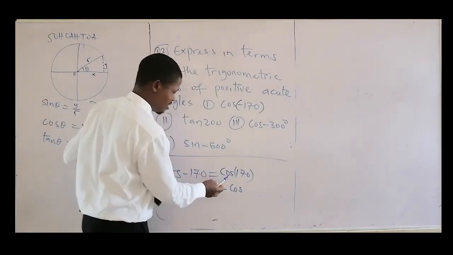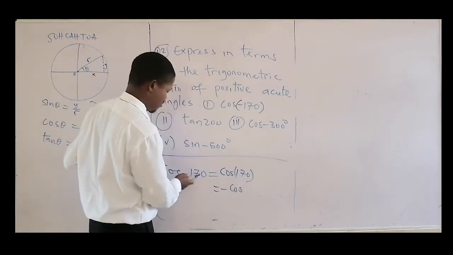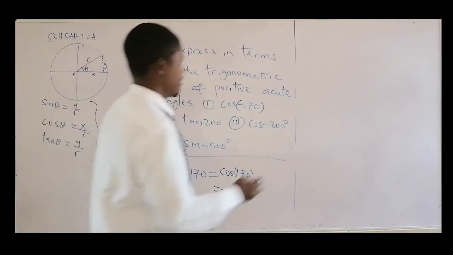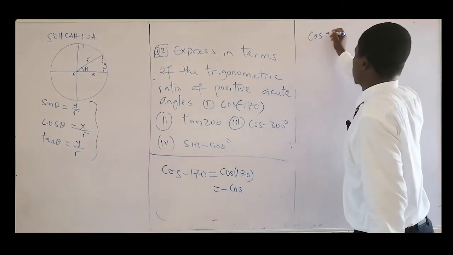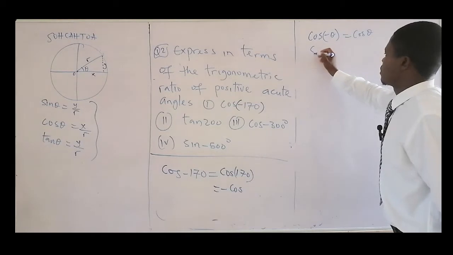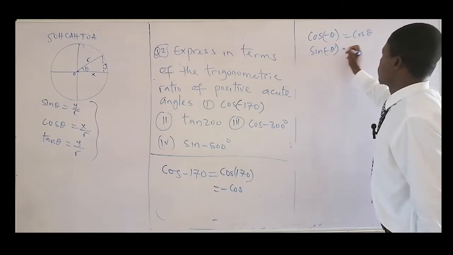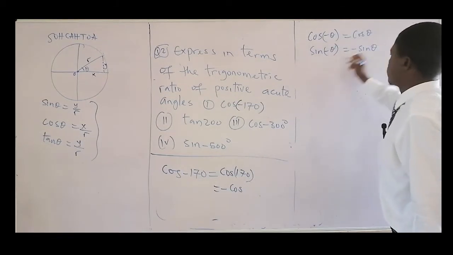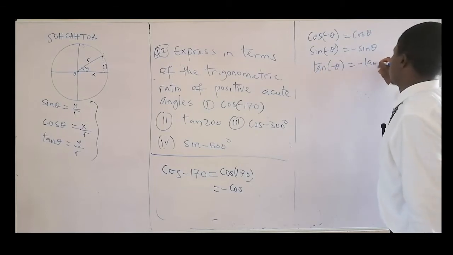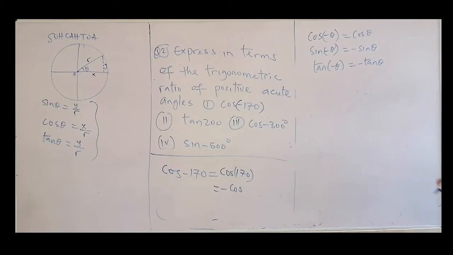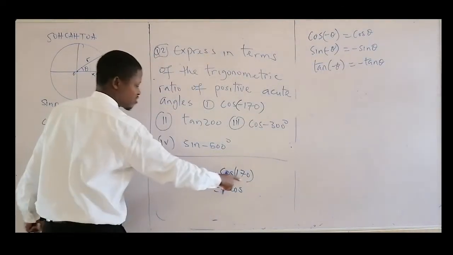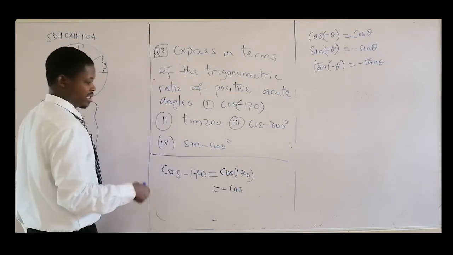Don't forget that cos minus theta is cos theta, sine minus theta is minus sine theta, tan minus theta is minus tan theta. So cos minus 170 will be positive, but we can go further.